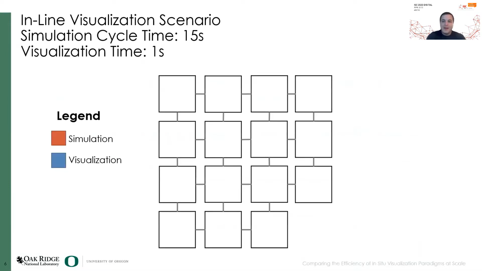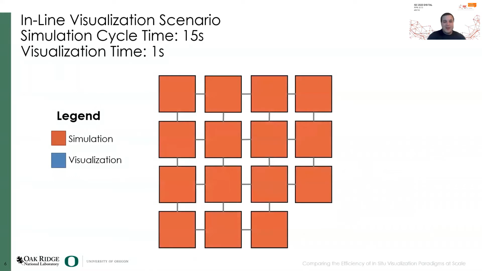So this is a general idea of cost in terms of in-transit and inline in situ, but I'd like to get into some different scenarios to give you a better intuition about how you can start to predict and think about what the cost might be of a given run. Let's say we have an inline visualization scenario, where we have a simulation cycle time of 15 seconds and a visualization time of 1 second, all running on 15 nodes.